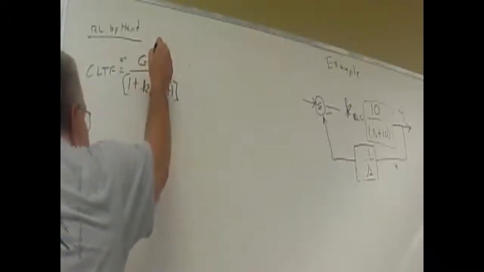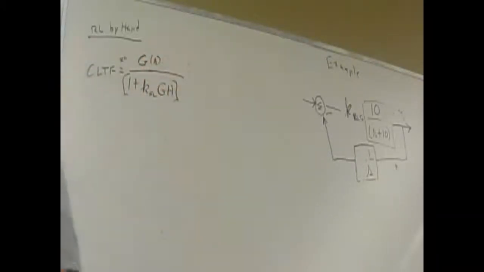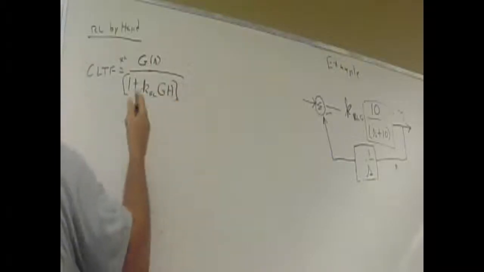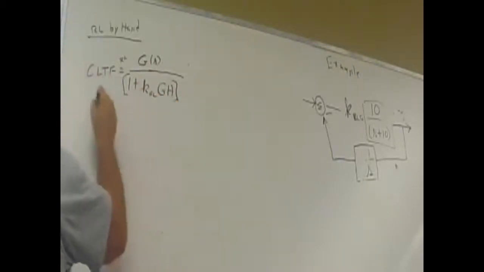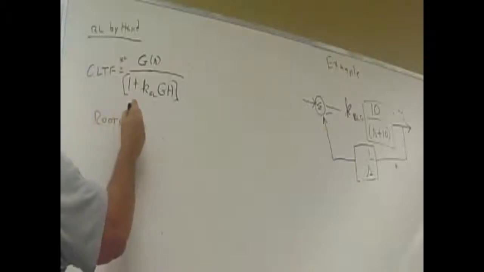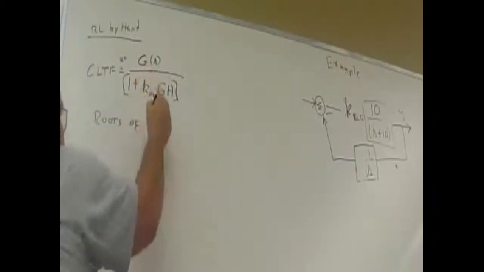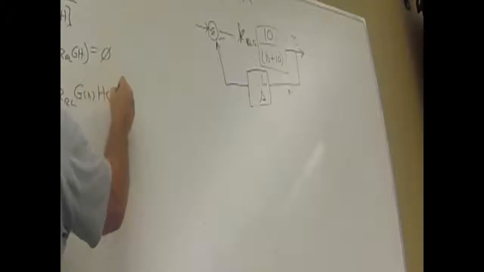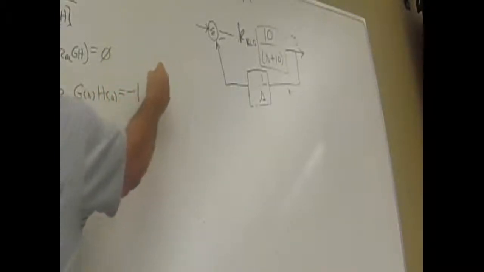These are functions of S. So, can I say that the roots of 1 plus K GH are the same as K times the open loop transfer function G of S, H of S equal to minus 1? Can I do that?